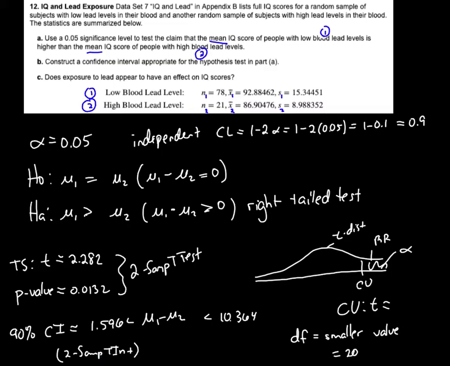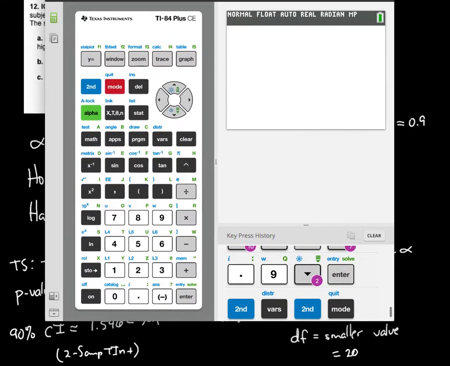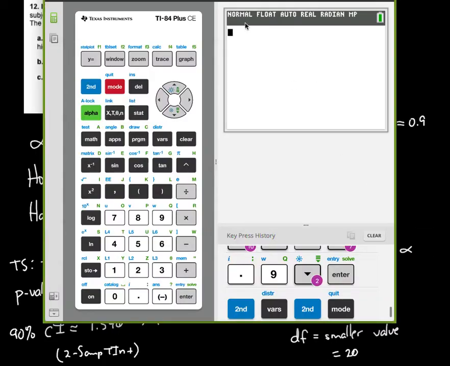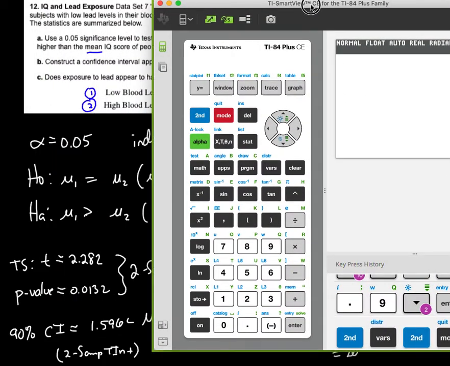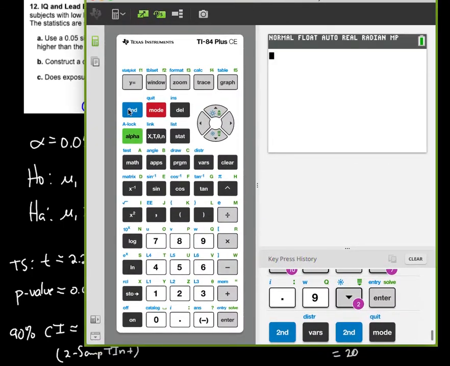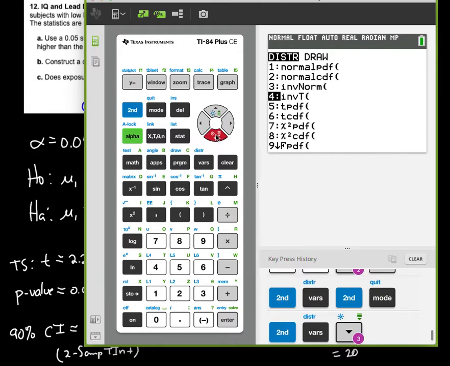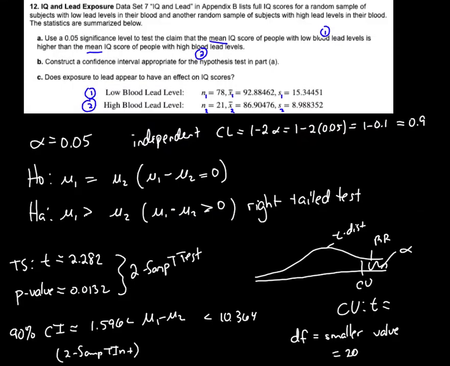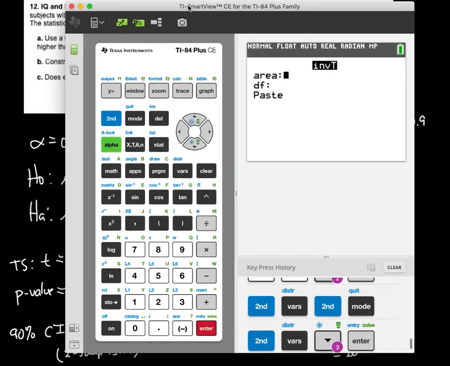Critical value, forgot the critical value. Do I have inverse? Yeah, I have inverse T. Those of you that have inverse T, you can use that. Do you guys have your tables? If you use your tables, inverse T, area, what is the area? 1 minus 0.05.